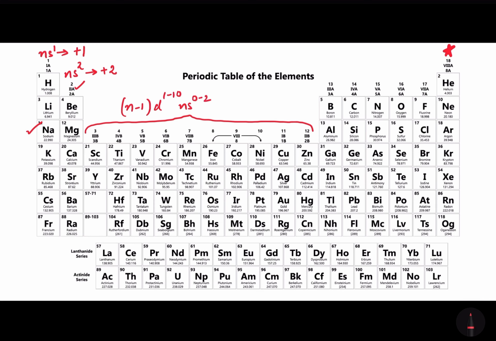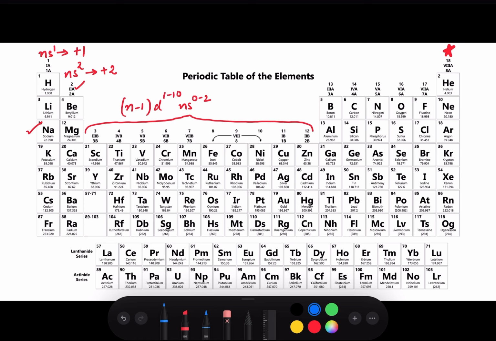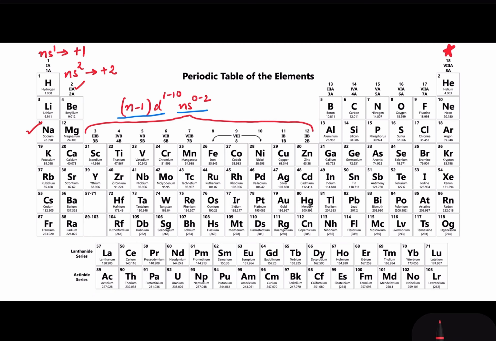Now here the thing is that the energy of the (n-1)d subshell and the ns valence shell is almost equal, due to which the electrons of the (n-1)d subshell will also take part in oxidation states.